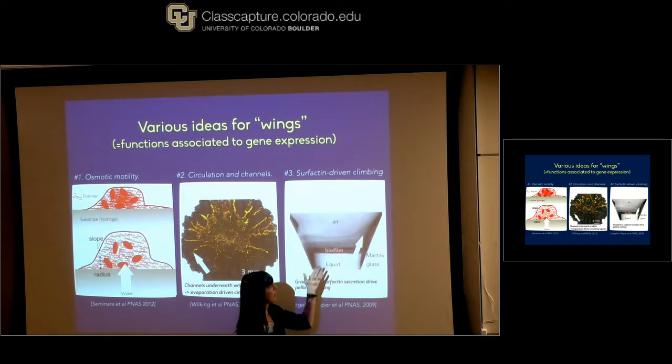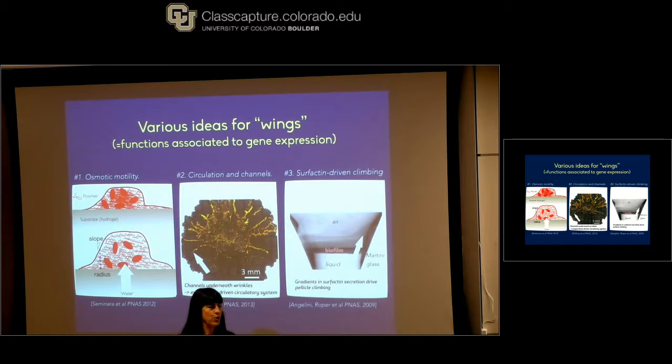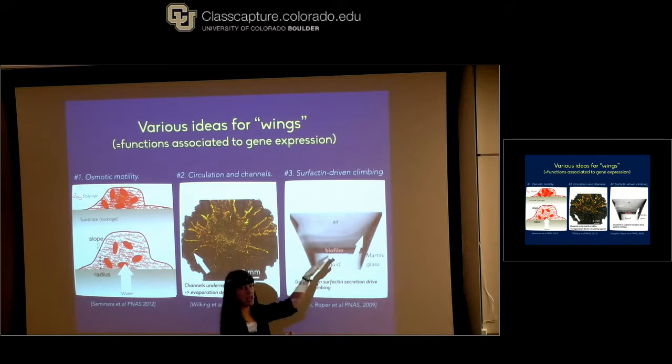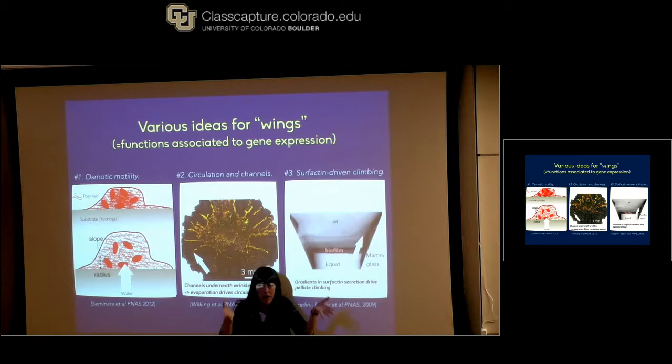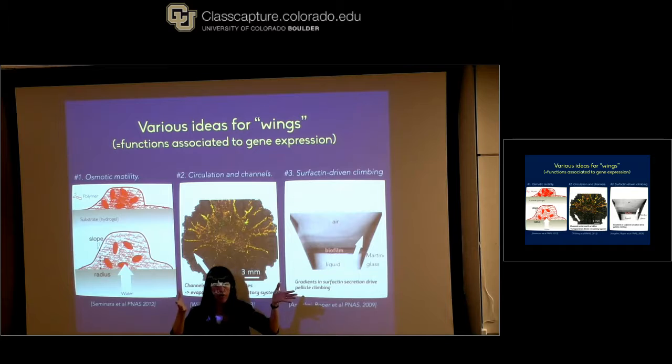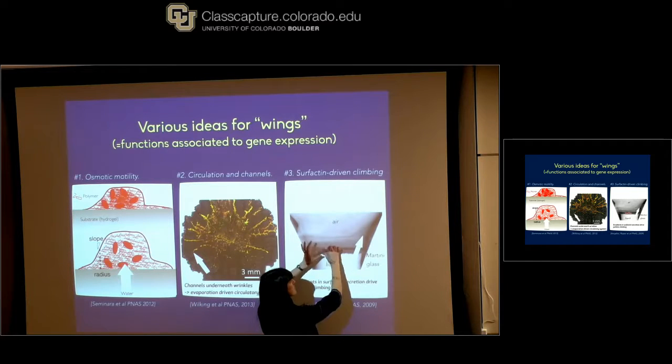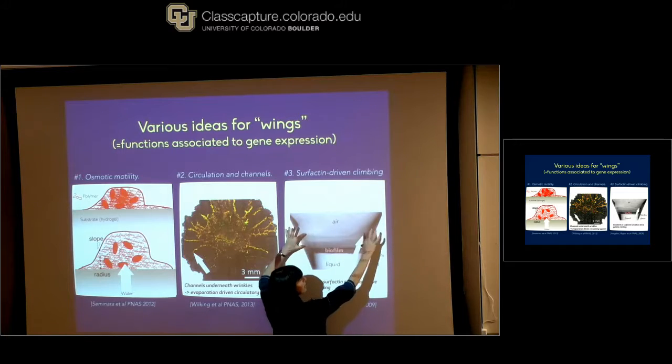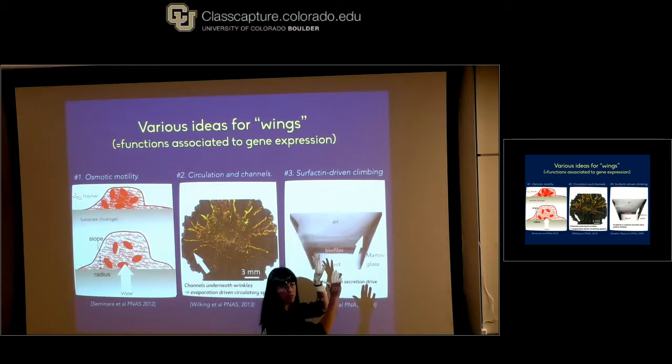And one interesting thing is that in Bacillus subtilis, one of the stuff that the cells produce is surfactin, which is a molecule that's a surfactant. So it modifies surface tension, and in this case, it is used by the biofilm to climb the wall of the martini glass. So you see, this is dark gray. That's where the biofilm is, but this light gray is where it has climbed.